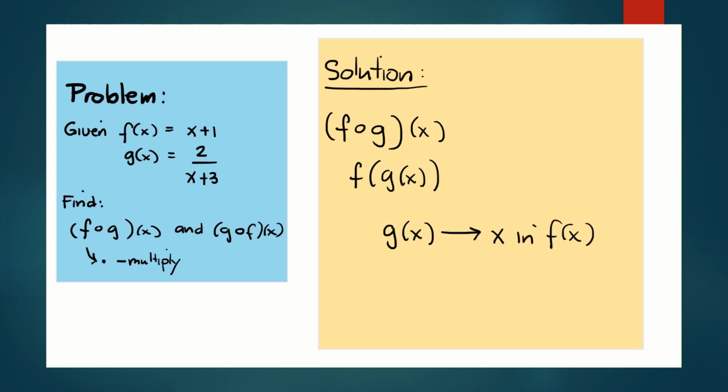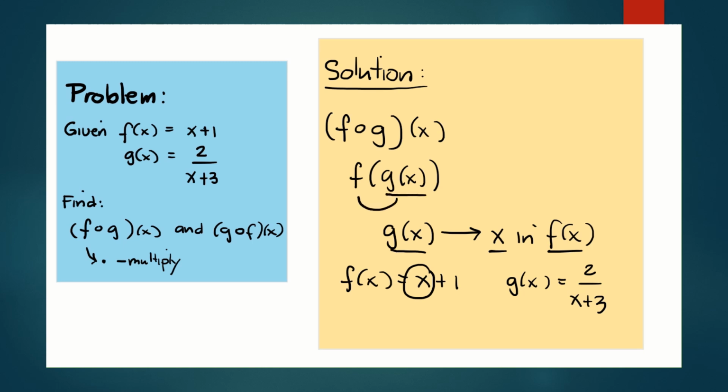x. Meaning to say, if f of x is equal to x plus 1 and g of x is equal to 2 over x plus 3, we will be replacing the x in the f of x with the g of x. So we are putting the g of x inside the f.